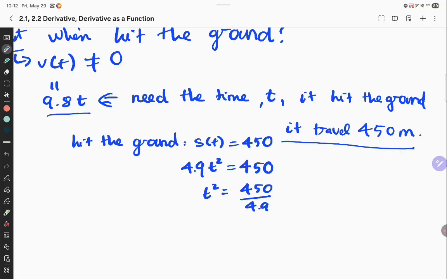But when you solve for this t, how many t do you end up with? You get t squared, and then you check the square root. How many t do you have? Plus or minus. Explain the plus or minus.